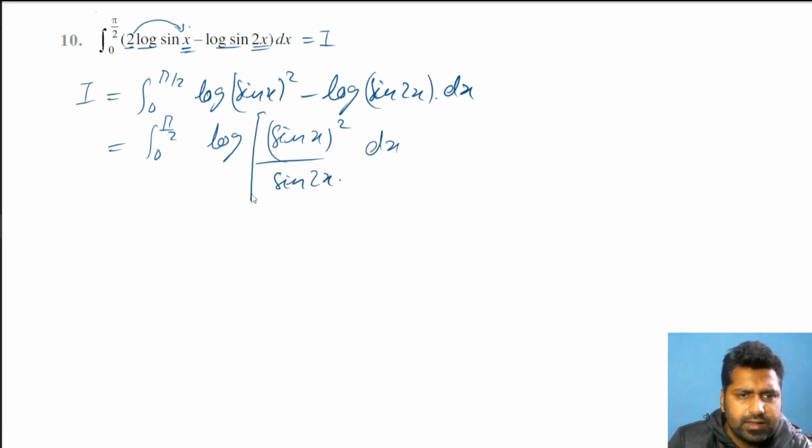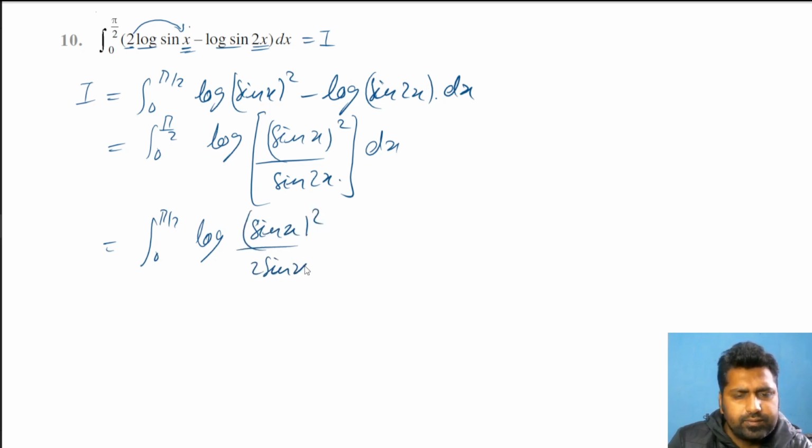This is inside a single log now. 0 to pi by 2 log. I can rewrite this as sine x square, and sine 2x is 2 sine x cos x. So sine x cancels.